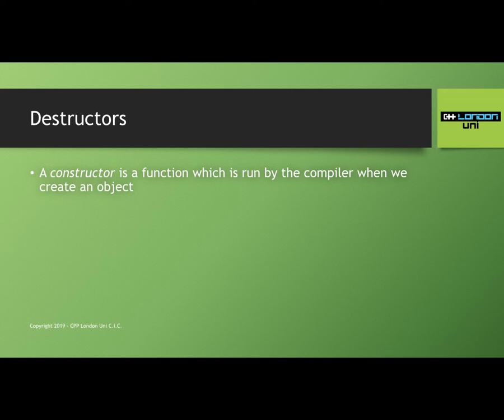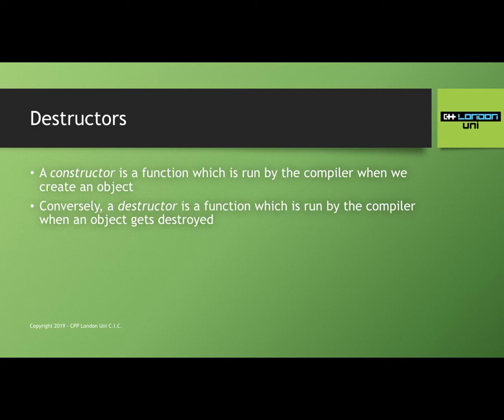So, as I said, the destructor is a special function which is run by the compiler. A constructor is run when we create an object. A destructor is run when that object gets destroyed.